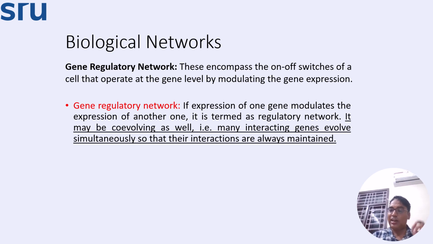This implies that neither of these proteins can work independently, or they both require each other's presence to work. If any one of them is absent, it does not work. It means the way one protein is evolving in one species, in the same species the other protein also evolves in a similar way. This is termed as co-evolution.